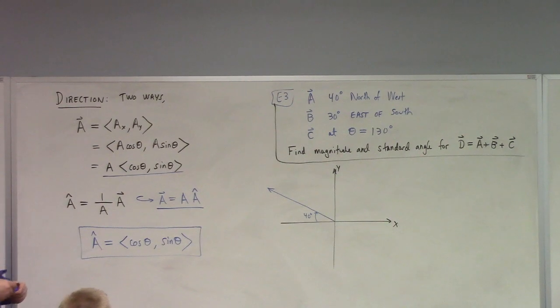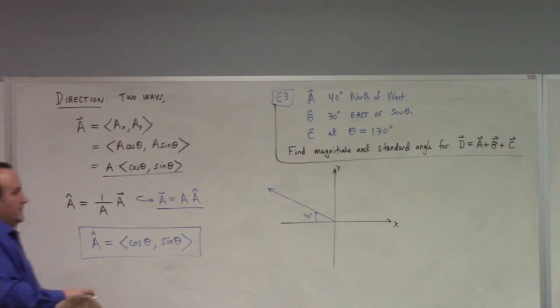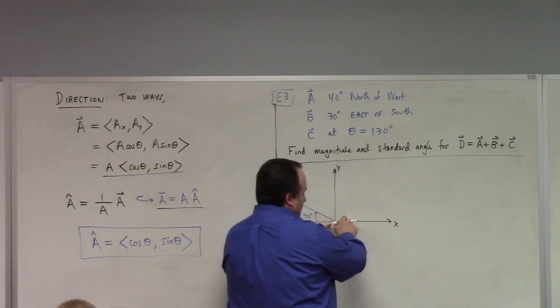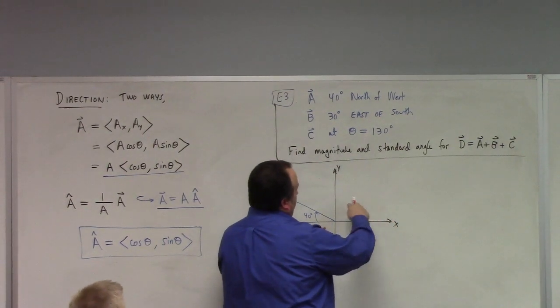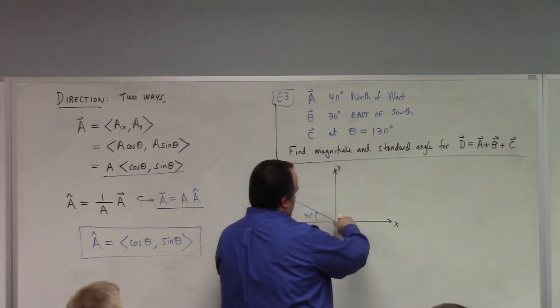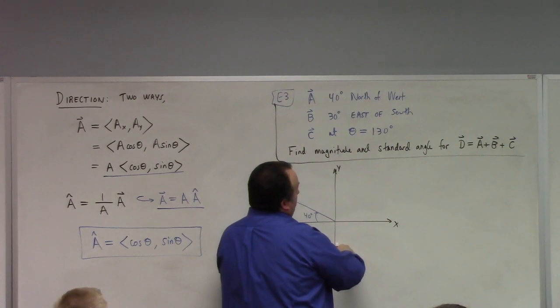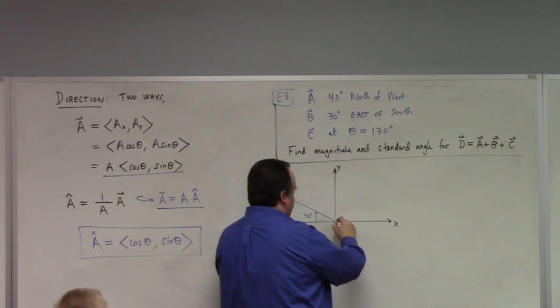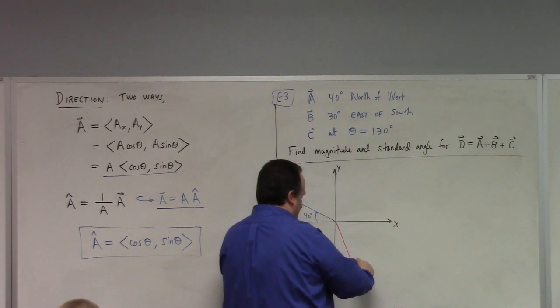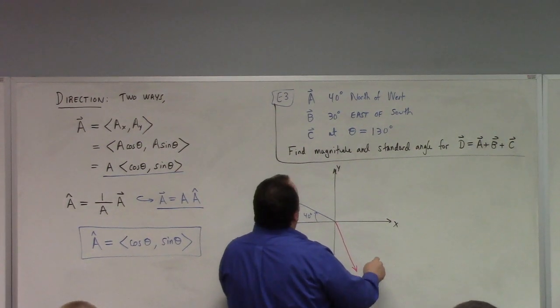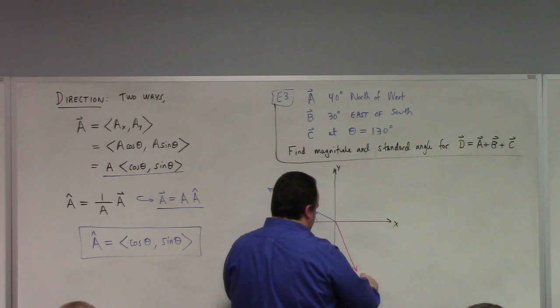Next up, let's picture B, 30 degrees east of south. What would that mean? So we go this way, excuse me, south, right? East of south. All right, so this is south, and we go 30 degrees east of that. So that means we sweep this way. So there would be your B vector.